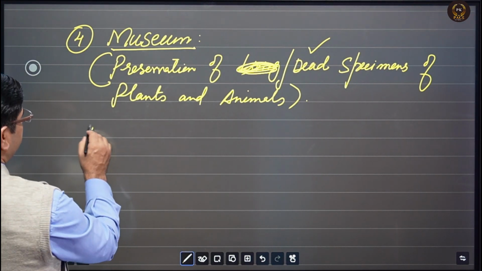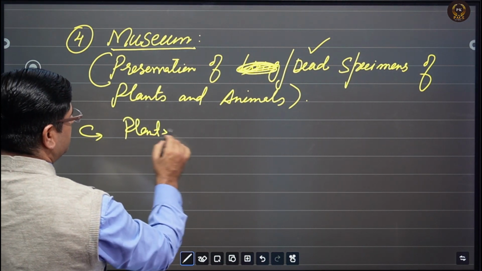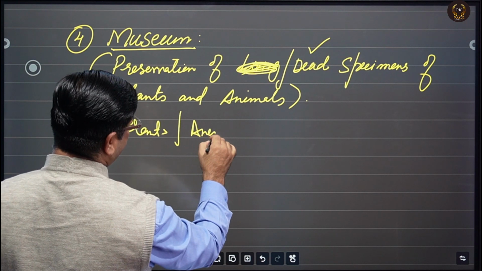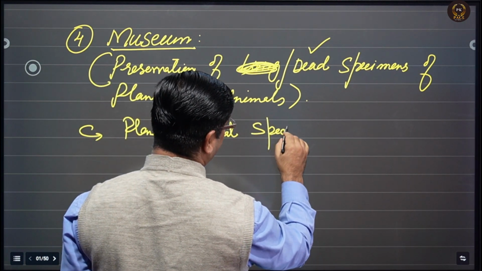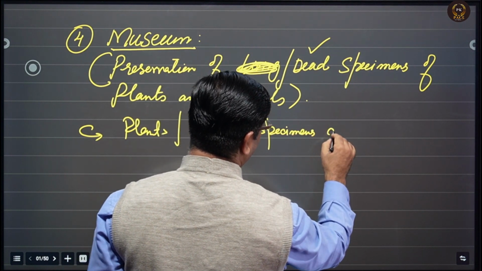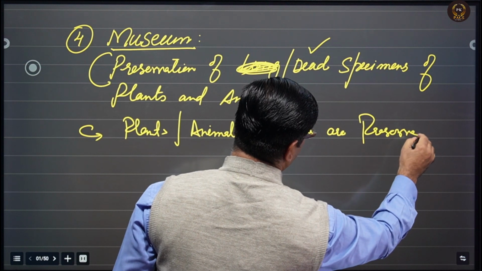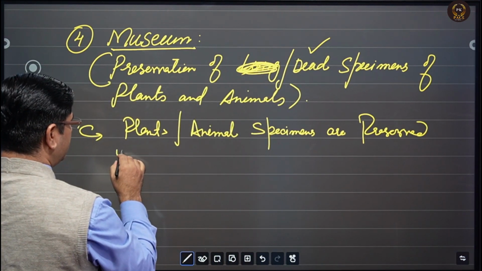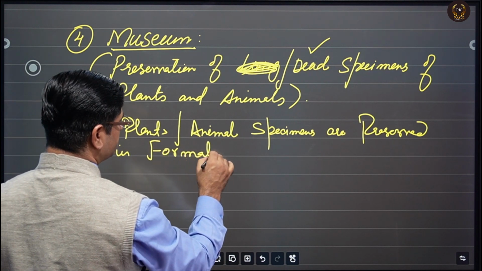So in the museums, if you see the plants as well as the animal specimens, they are preserved in a solution called formalin.